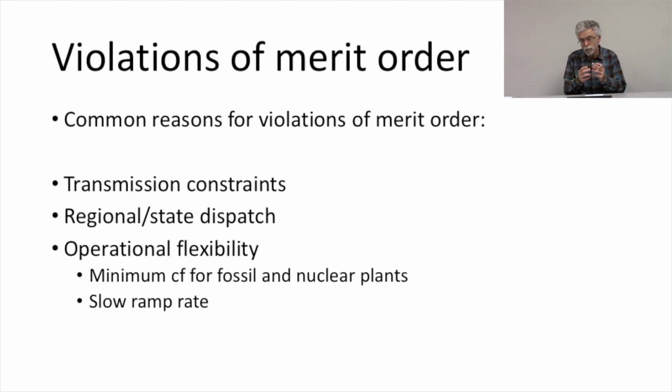So if you were to allocate your generating resources according to a long-run take-or-pay contract, you might end up violating merit order and increasing the cost of generation over what you could have had if you allocated the plants in merit order.